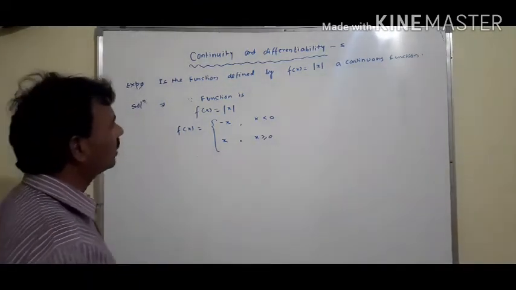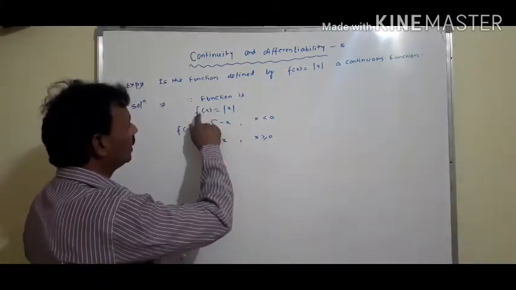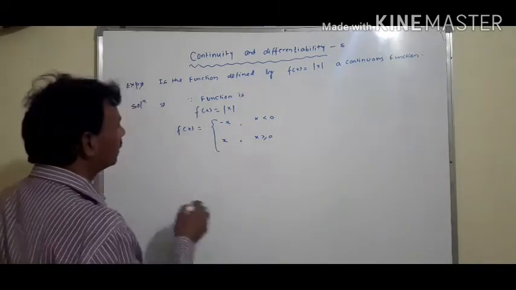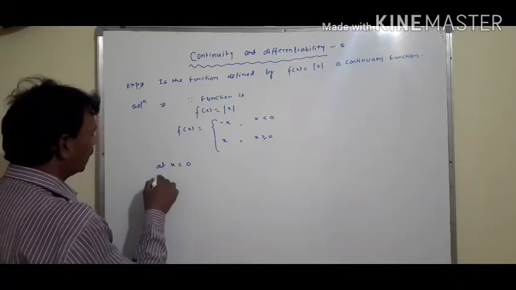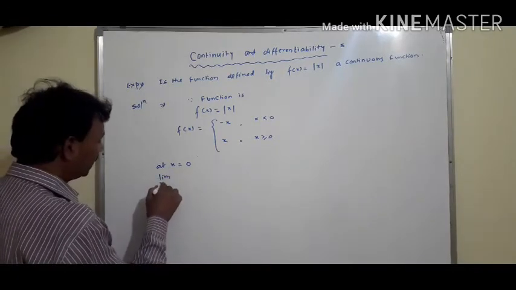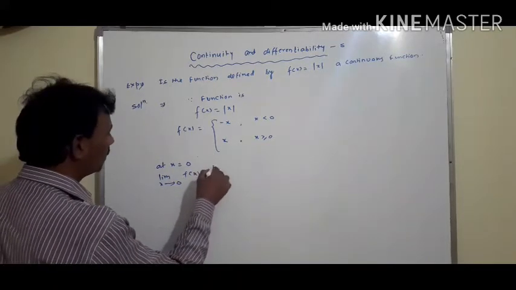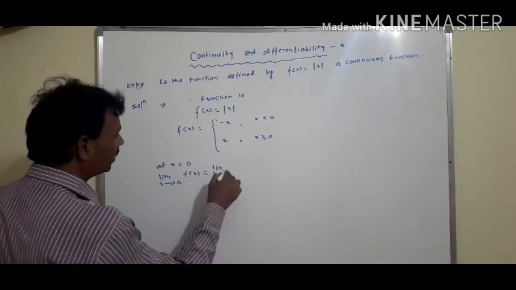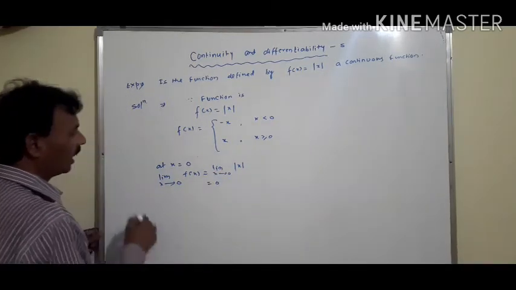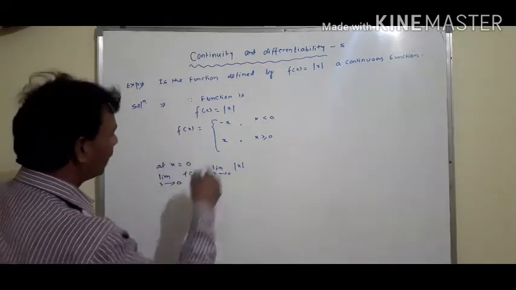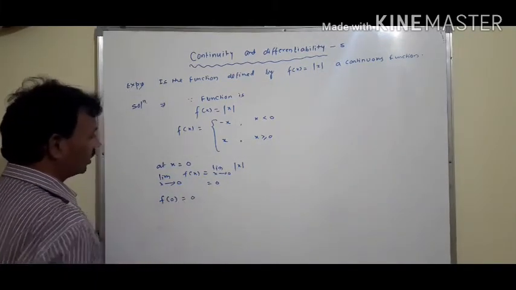Now first we check whether this function is continuous at x equal to 0. At x equal to 0, limit x to 0 of f of x equal to limit x to 0 of mod of x, which equals 0, and the value of the function at x equal to 0, f of 0, is also 0.